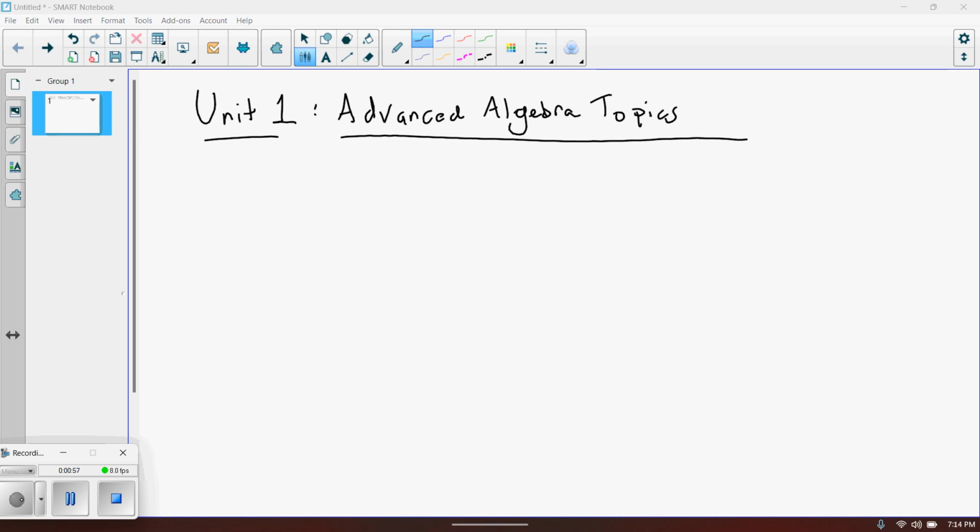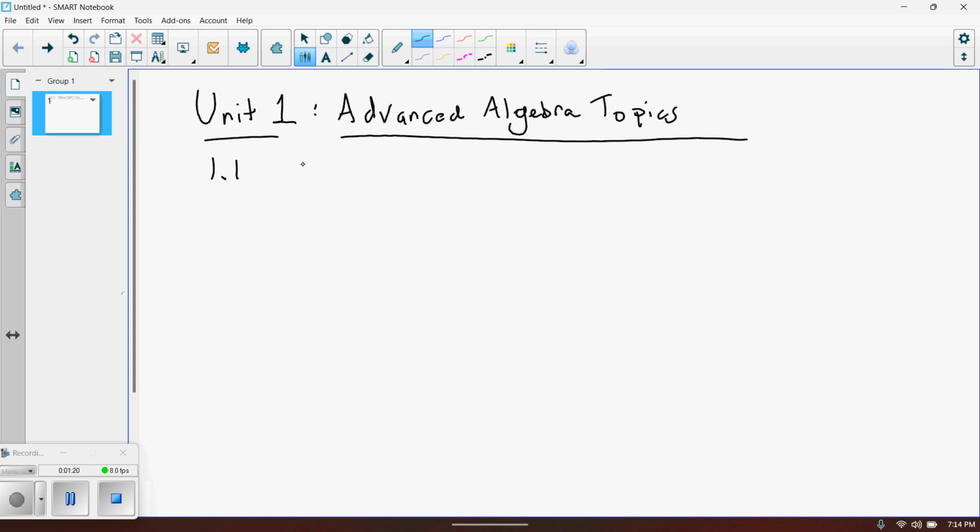Our first unit is going to be all about advanced algebra topics. So unit one is going to be advanced algebra topics. And our first section, we'll call section 1.1, will basically be solving linear, radical, and rational equations. This should mostly be review.